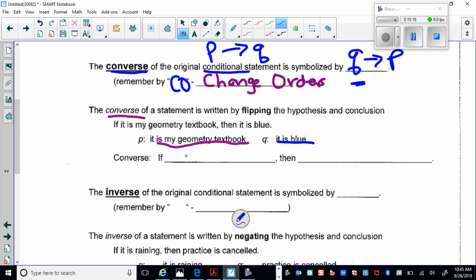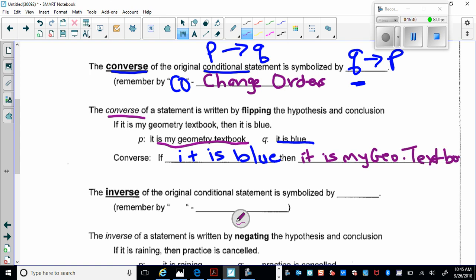So what I'm going to write here is if it is blue, then it is my geometry textbook. That is the converse of the statement.